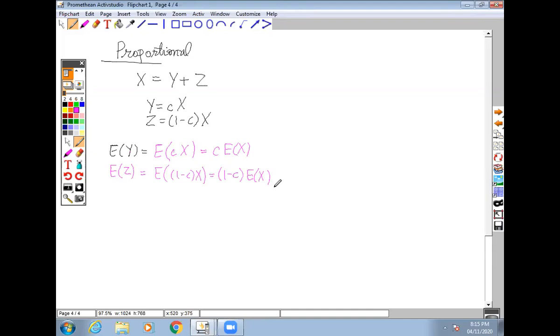From both of these, we can conclude that the expectation of X is equal to the expectation of Y plus the expectation of Z, right? Is this true?